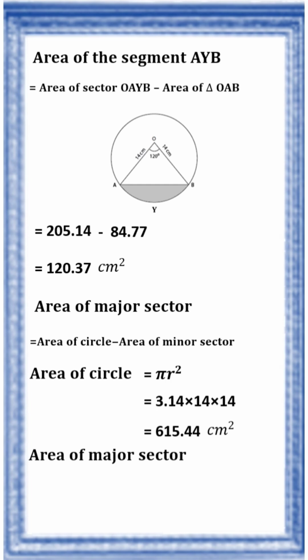Area of the major sector is equal to area of the circle, 615.44, minus area of the minor sector, that is 205.14, which is equal to 410.3 centimeter square.